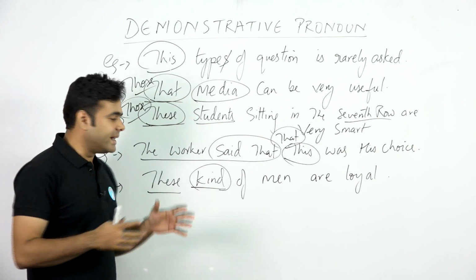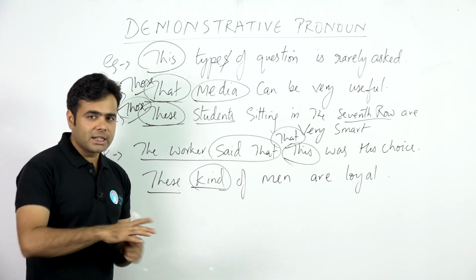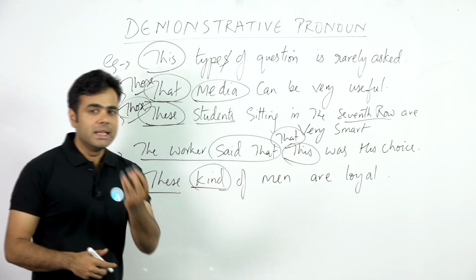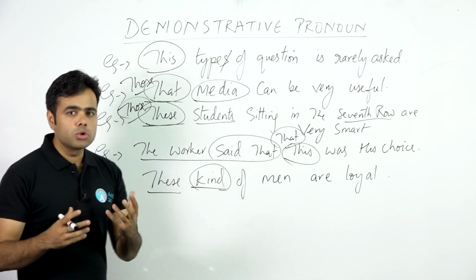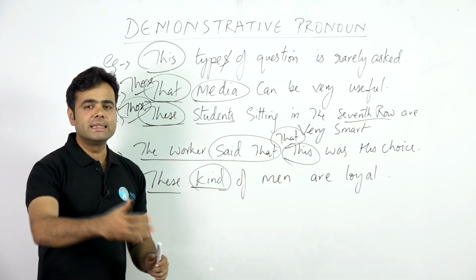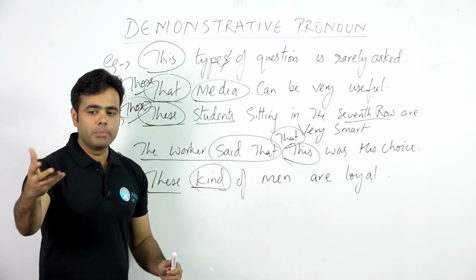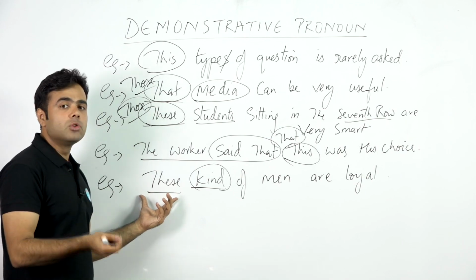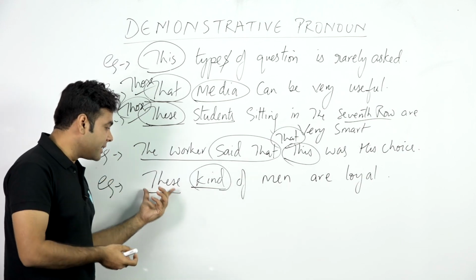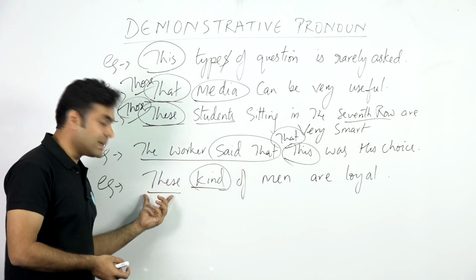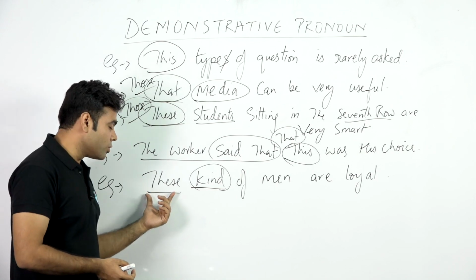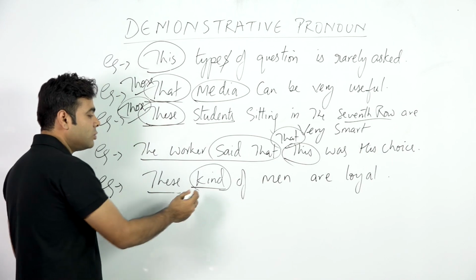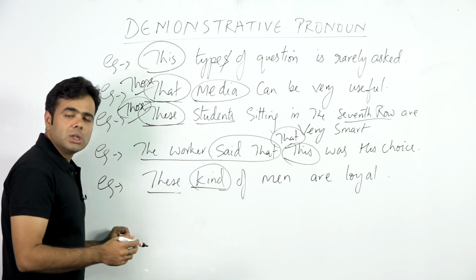But in the sentence these kind of men are loyal, you are showing or demonstrating the complete class of men. If you had used this here, then you should write: this kind of men are loyal. So there is a condition while using kind. You can use either plural or singular.